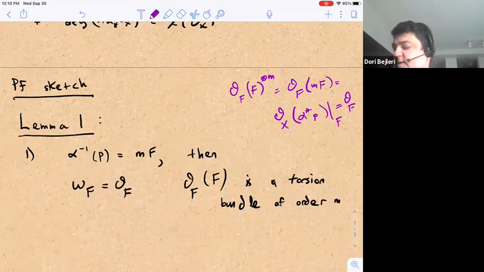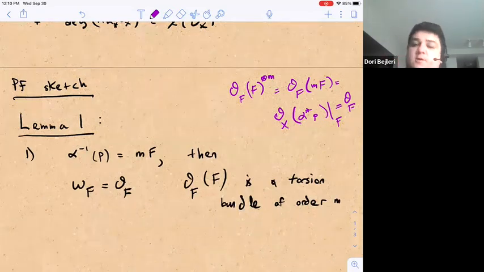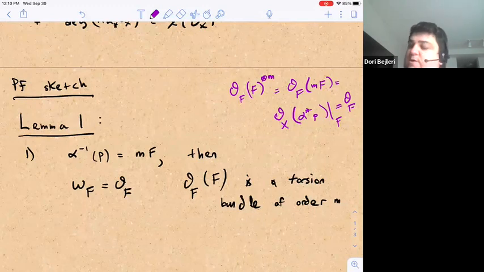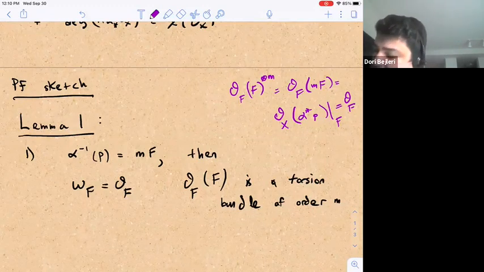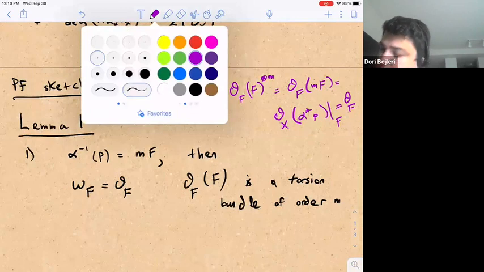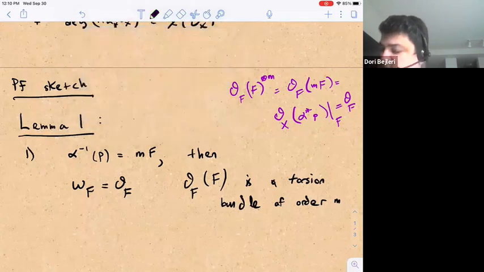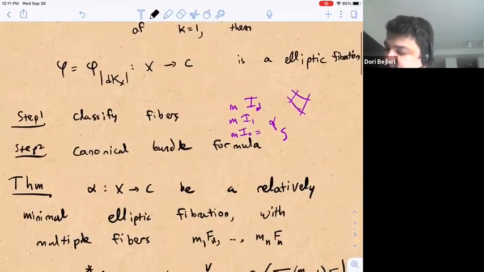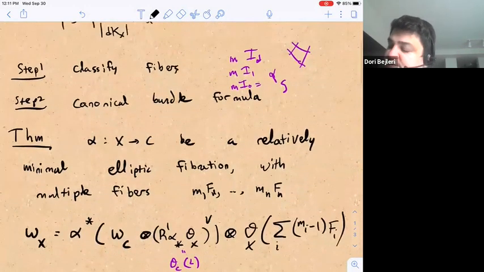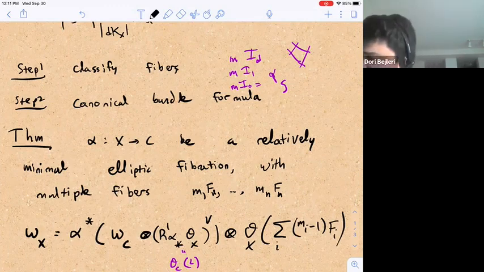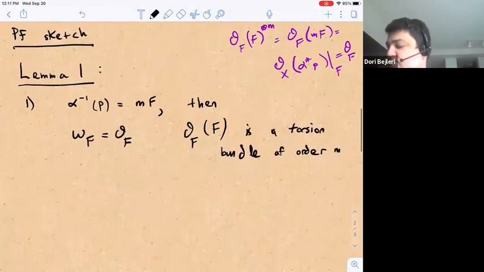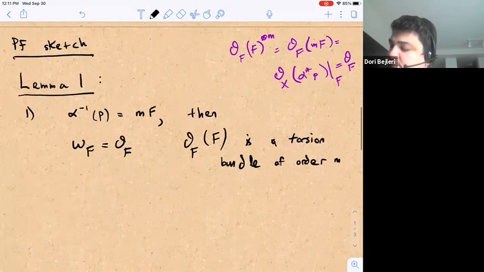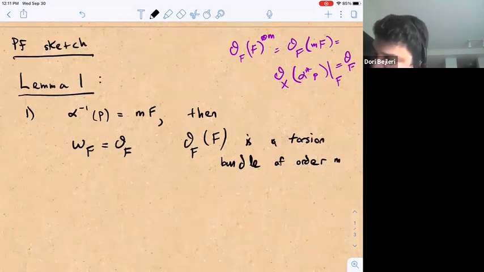So the content here is that it's exactly order M, that any lower power of this line bundle is not trivial. Okay, and so that first part, I won't go through the details, but essentially follows from the classification, because you can just check in all these cases that the canonical bundle really is trivial in these loops of P1s and in this nodal cubic, and then in the smooth elliptic curve case. And then you have to do a little more work to check that the order is exactly M, but I'll leave it at that.